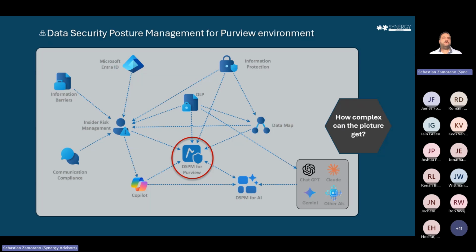In a short summary about the big deal between these two solutions that are very similar in name, DSPM for AI is focused on understanding what is happening in your environment with the different AIs. Microsoft AI, security, Microsoft 365 Copilot chat, all of those, plus any other AI that end users are working on.